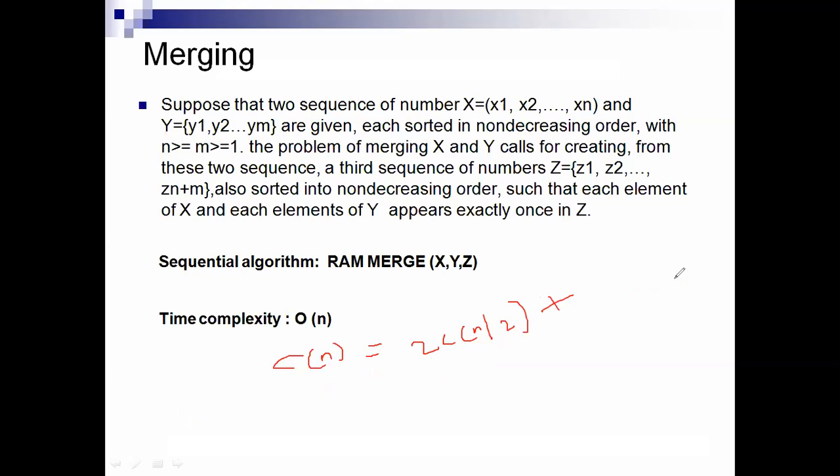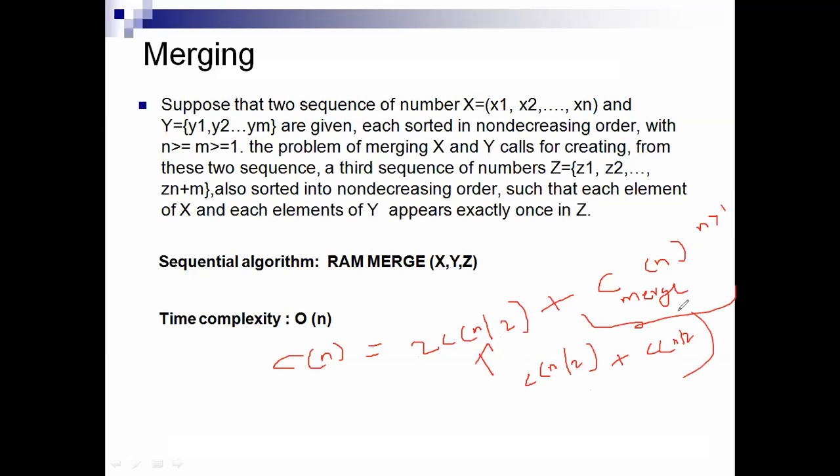After that we merge the two subproblems. So that is C merge of n, for all n greater than 1. That's why here it is 2 of C of n by 2 plus the time for the merge.